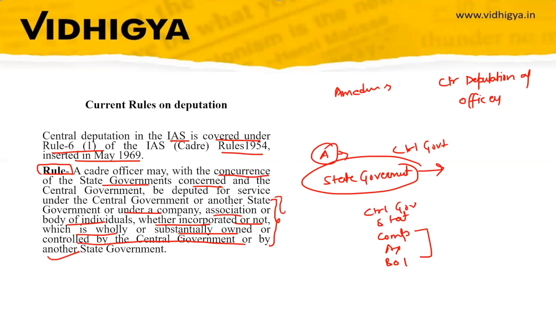For deputation, the officer can be sent to either the central government or another state or under a company or association or body of individuals, which is wholly or substantially owned or controlled by the central government or by another state government. Which rule? Rule 6.1 of IAS Cadre Rules.